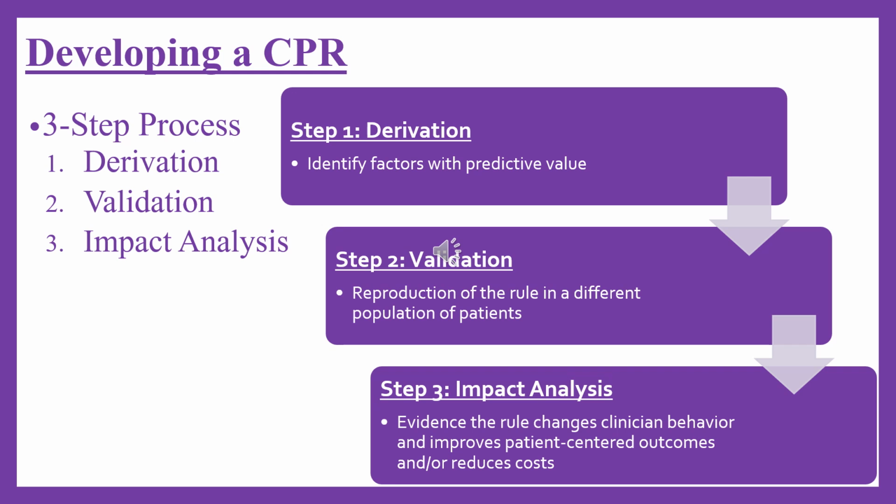And again, it has to be compared to a gold standard, so it's compared to a criterion reference study. And then step three is the impact analysis, and this shows evidence that the rule changes clinician behavior, and that change in behavior improves patient-oriented outcomes, or it reduces the cost of care to that patient.